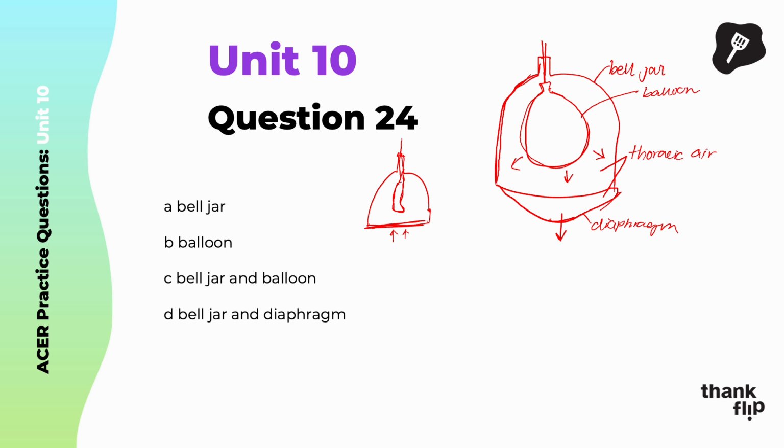The diaphragm is representative of the diaphragm, and the diaphragm controls the pressure inside the thorax, which results in either inspiration of air, so air coming in, or expiration of air, so air going out. In this case, it does help to have that prerequisite knowledge. But the lungs inflate, that's pretty common knowledge, and they deflate when air goes out of them. If you do the action of breathing, you can infer that. And so the answer here is B, or balloon.